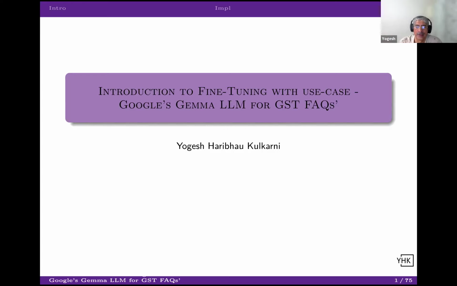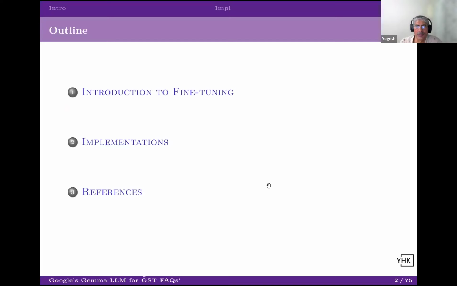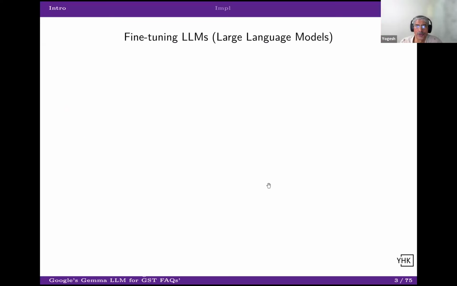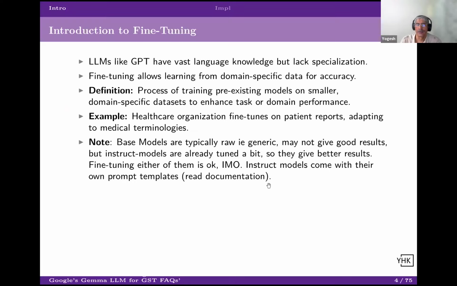Why do we do this fine-tuning? Typically, when you have ready large language models, open source or closed source, say things like GPT, generative pre-trained transformers, or Gemini, Gemma, whichever large language models that you have, they're trained on their data set.